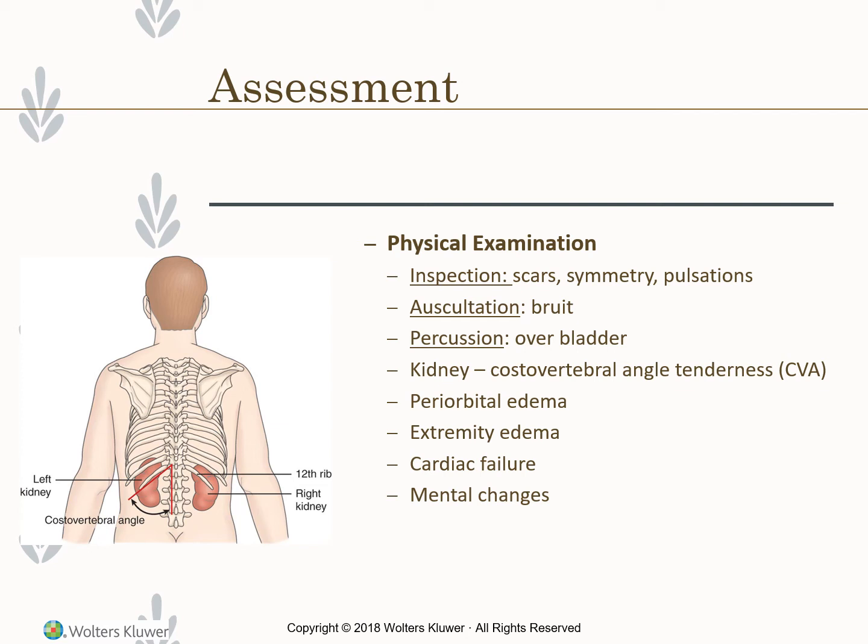You would percuss over the bladder. As far as posterior, you're going to percuss or palpate for costovertebral angle tenderness, CVA, of the kidney. You're also going to check the face for periorbital edema, any extremity edema, any cardiac failure history, and also do your heart assessment and check for any mental changes.